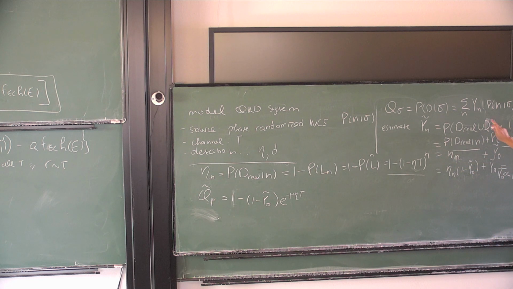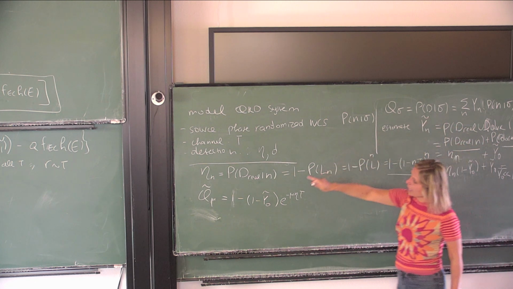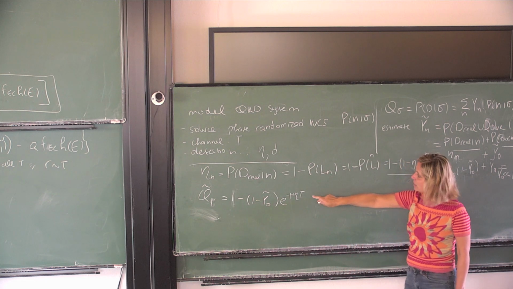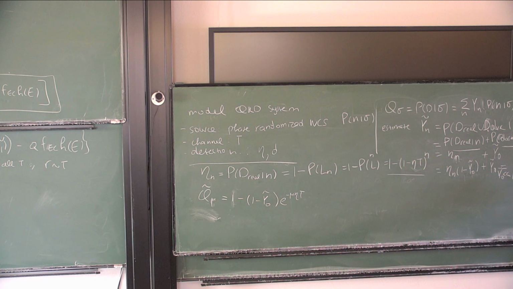I didn't show all the steps, but based on this result I have estimated the gain for specific photon statistics mu. This shows how to go from here to here. Now I have my gains and my yields.